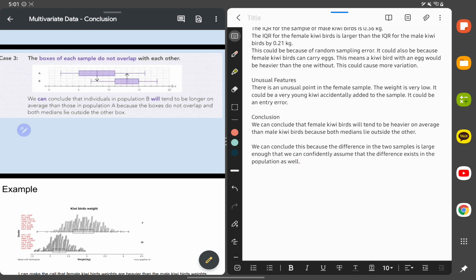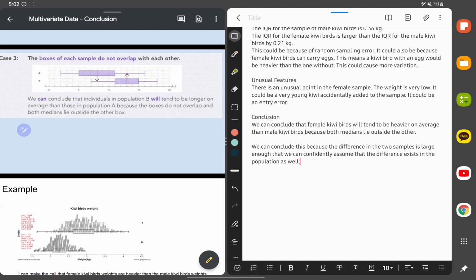Remember the difference between sample and population. Sample is the one that we've picked out so that we can make this graph and things like that. The population means all, even the ones that we did not check, even the ones we don't have in our data. So if I said the height of every student in New Zealand, right? There's no way I'm measuring every single student in New Zealand. I might be making graphs out of a sample, maybe a sample of 120 or 200 students, and get their height and work out averages and stuff like that.